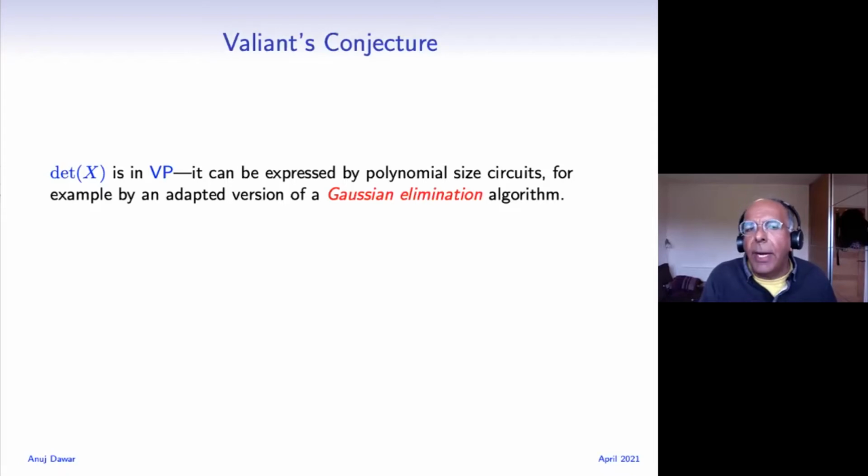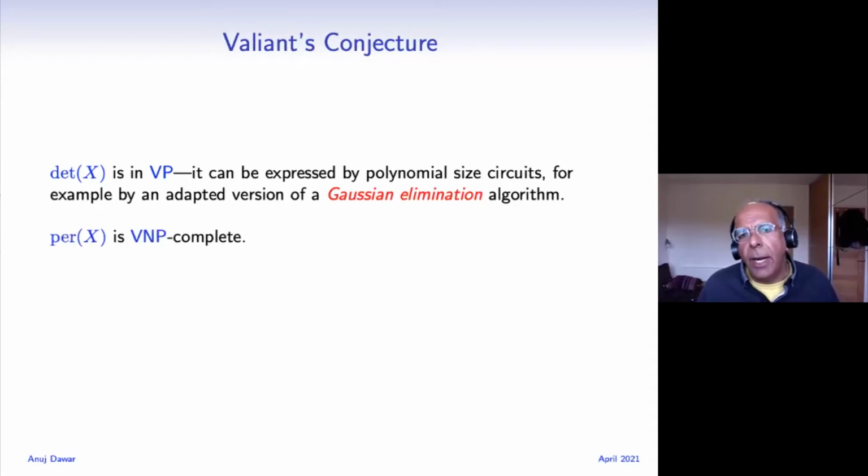It's not a direct implementation because we don't have the division operation, which would be necessary to do Gaussian elimination directly. And so our circuit really computes a symbolic determinant. But you can show that this can be done: there is a circuit which shows that with a polynomial number of addition and multiplication operations, you can express the symbolic determinant.